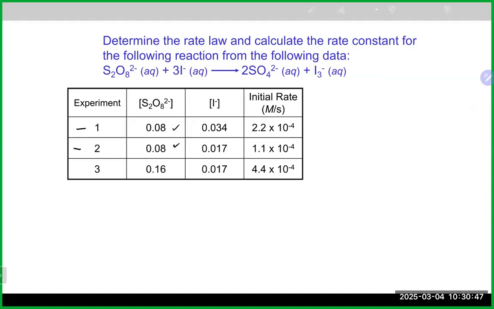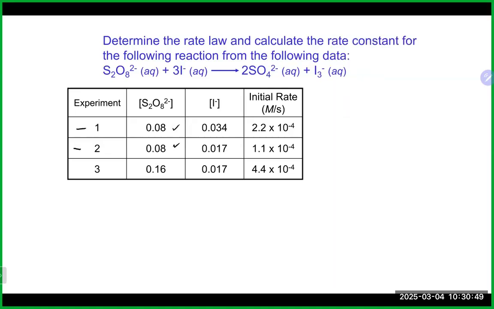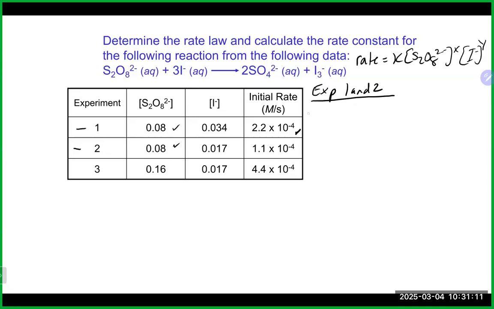All right, so starting with our rate law, we should have, obviously in this case, just our reactants. So the rate is equal to k, S2O8 2 minus to the x, and I minus to the y. Looking at experiment 1 and 2, I am again going to choose the larger rate one to put on top, just to give nicer numbers.